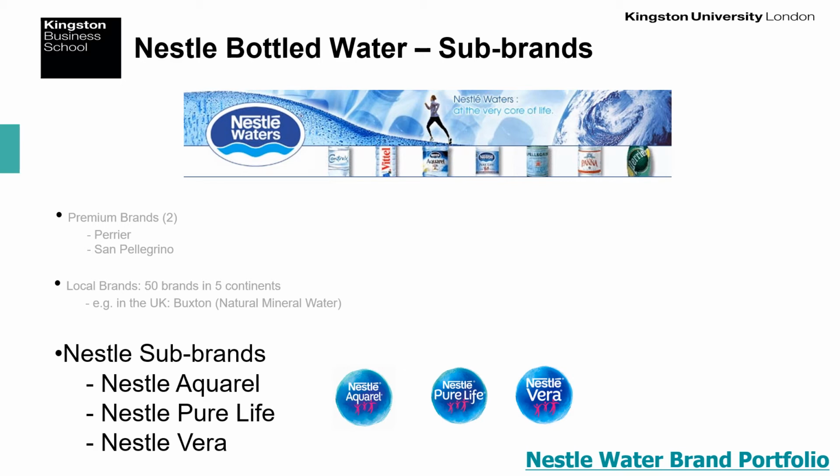And that's why the Nestle name is so strong here. With a premium brand, you don't need that reassurance. Premium brands come from a particular source, a particular water source, a volcanic source, or whatever it happens to be. But with more basic prepared water, that reassurance of the corporate name is very important, and that's why Nestle use a different strategy at this lower end of the bottled water market.